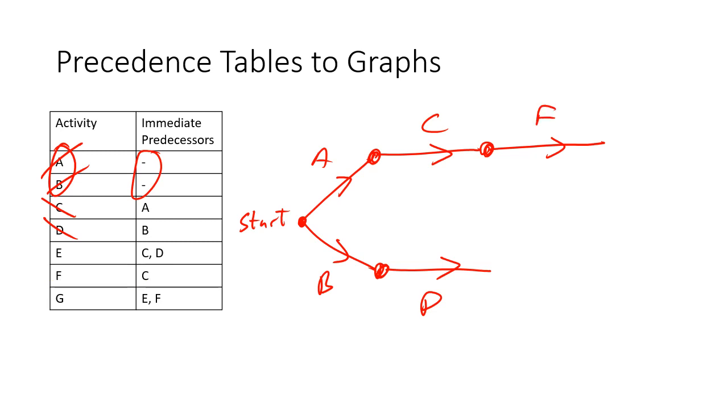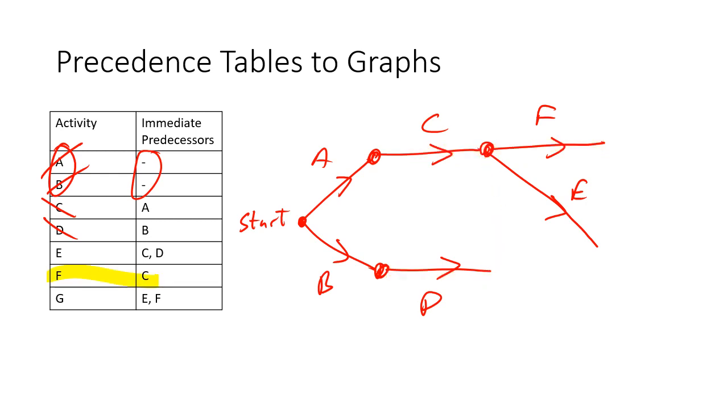Now, E needs both C and D. Now, if I take D and put it up here and go like this, and then have an arrow coming off like this, and have E, you go, oh, that's all good. That means a bit of a bendy arrow, but it's not, because if you follow F back, you can go backwards through C and D, and F only has C, so we're not allowed to do that.